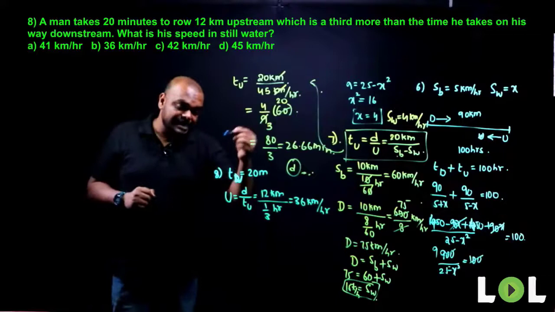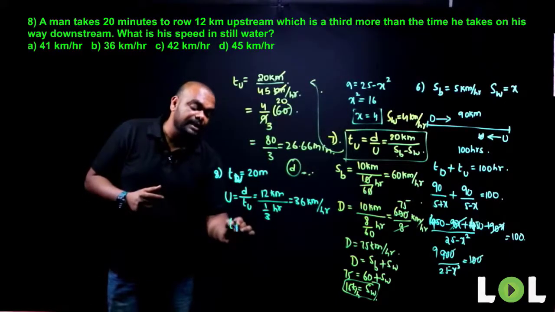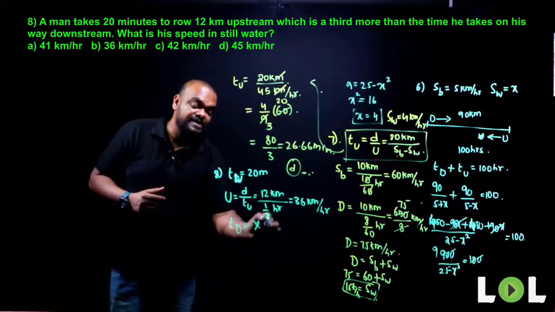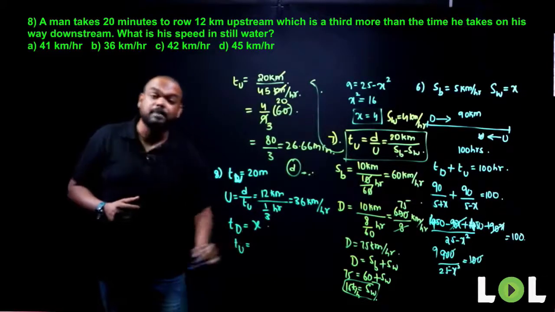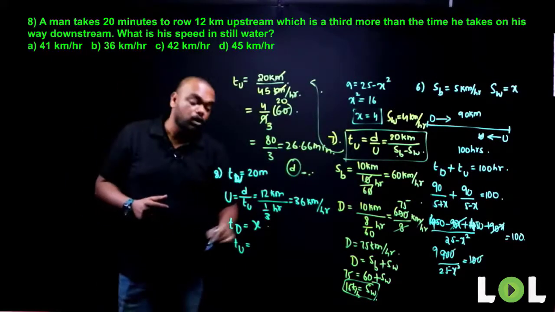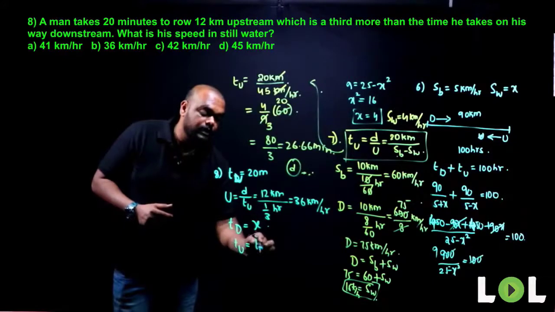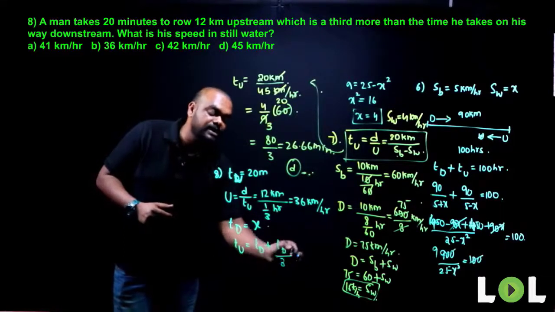It means, guys, look, suppose I consider time taken during downstream is X, then he is telling that time taken during upstream is 1/3 more than time taken during downstream. That is TD plus 1/3 more, means TD by 3.